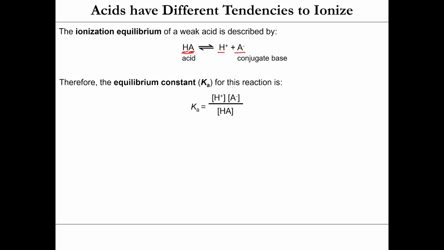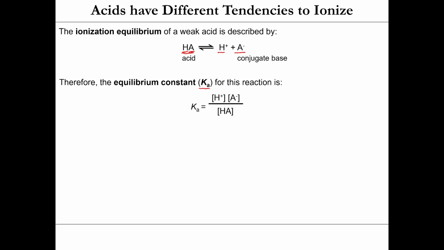So we can form an equilibrium constant for these types of reactions by using the equilibrium constant called Ka, the equilibrium constant for acids. So Ka will equal the ratio of the proton concentration and the conjugate base concentration, A minus, over the concentration of the acid. So this is our equilibrium constant for the ionization of different acids.